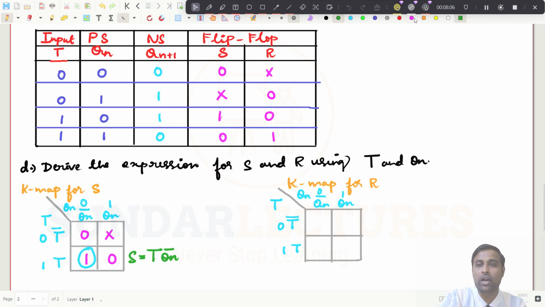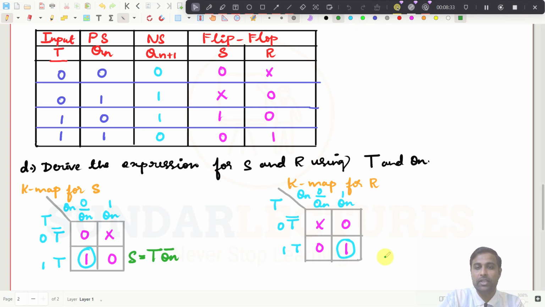So what is the next one now? For R I have to draw the K-map. For 0, 0 it is X. For 0, 1 it is 0. For 1, 0 it is 0. For 1, 1 it is 1. See here also there is no possibility, only one possibility. So I have to take this as a separate group. So what is the expression now?